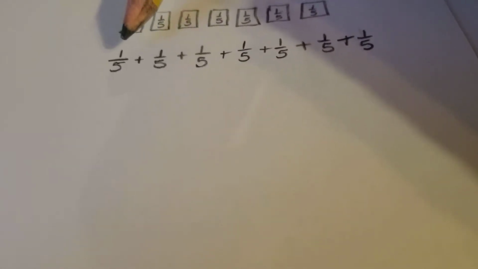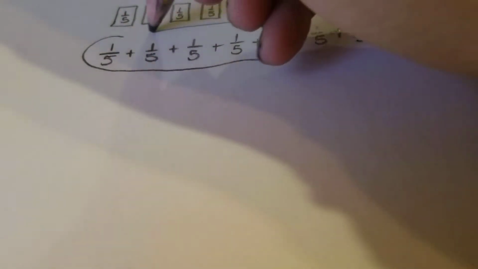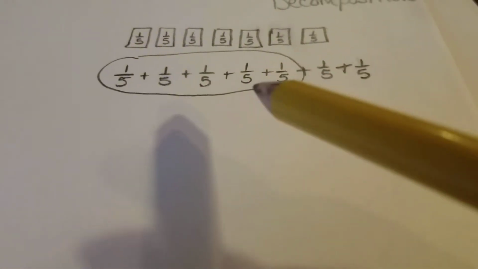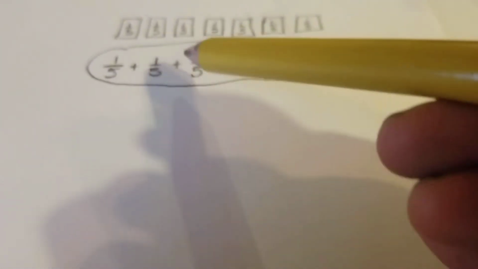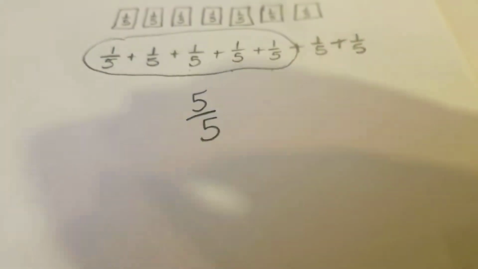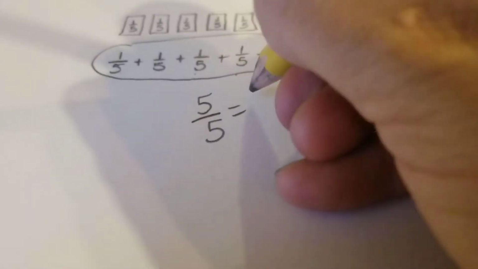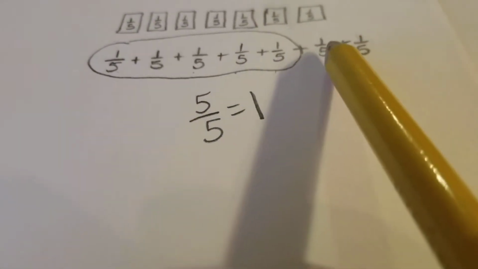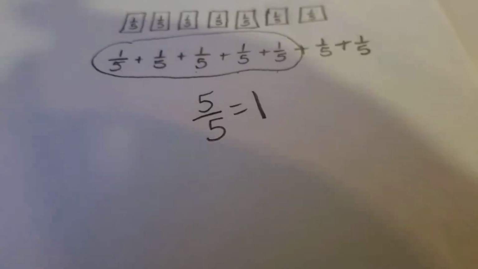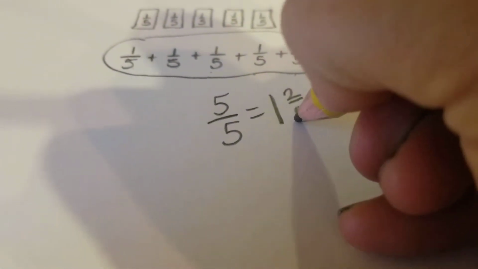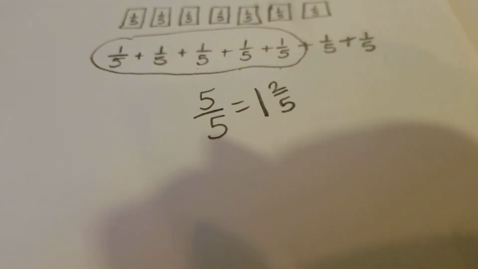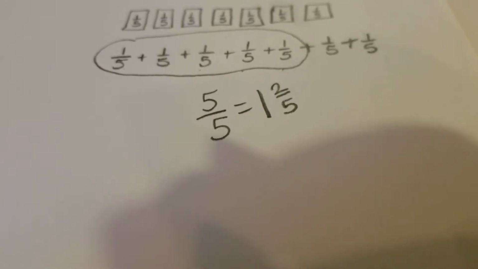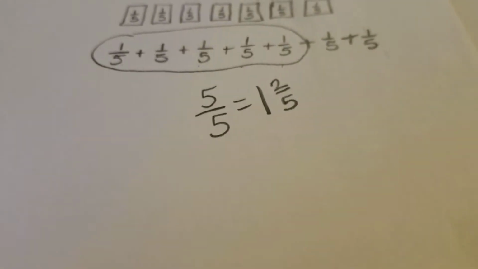So I need 5 of these to make a whole. So I'm going to circle 5, because 1/5 plus 1/5 plus 1/5 plus 1/5 plus 1/5 equals 5/5, which is a whole. I have 2/5 remaining. So that is the fraction of my mixed number.